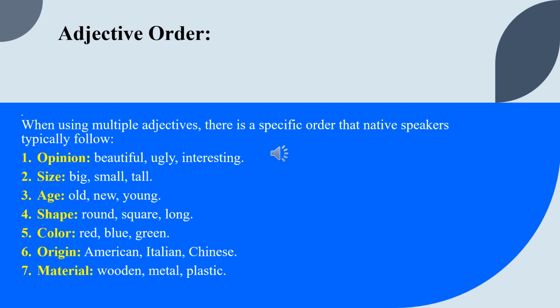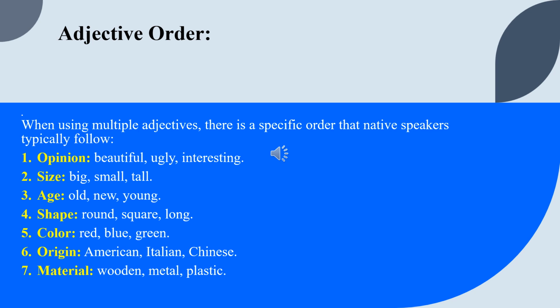Second, you put the size, like whether this thing is big or small or tall or short. The third thing, you put the age, whether it is old, new, young, and so on.